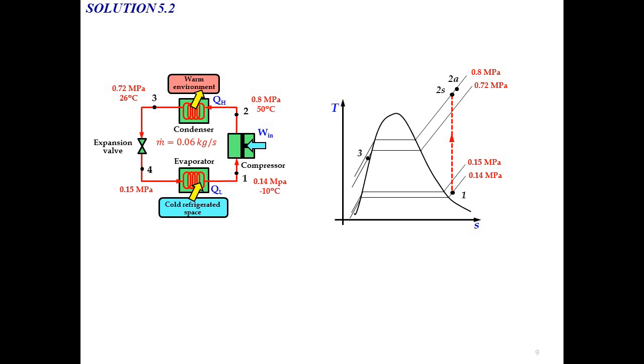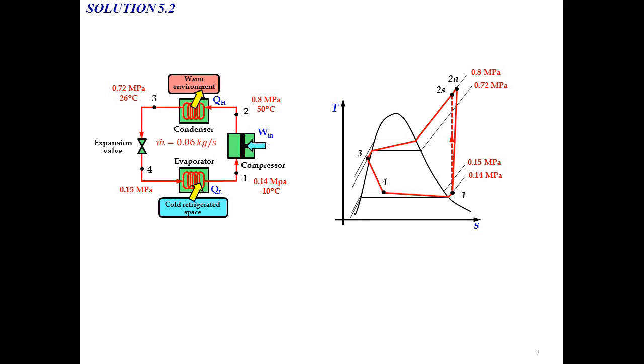For state number 3, the pressure is 0.72 megapascal, so you need to draw point number 3 on the constant pressure line of 0.72 megapascal, and you know that the phase is subcooled liquid, so you need to put point 3 in the subcooled liquid region. And the last point is point number 4 in the saturated mixture region, and the point will be on the constant pressure line of 0.15 megapascal.